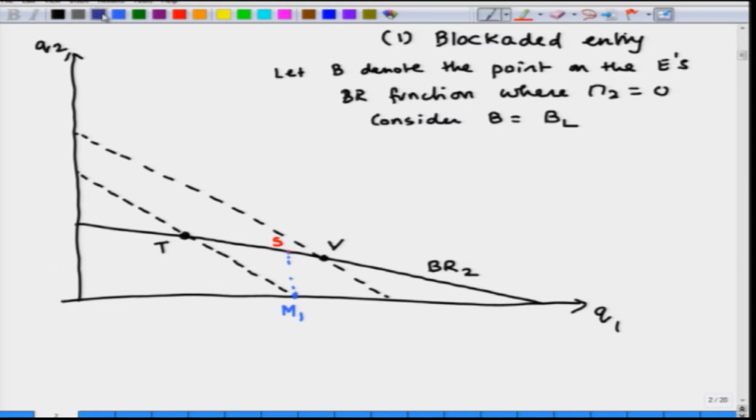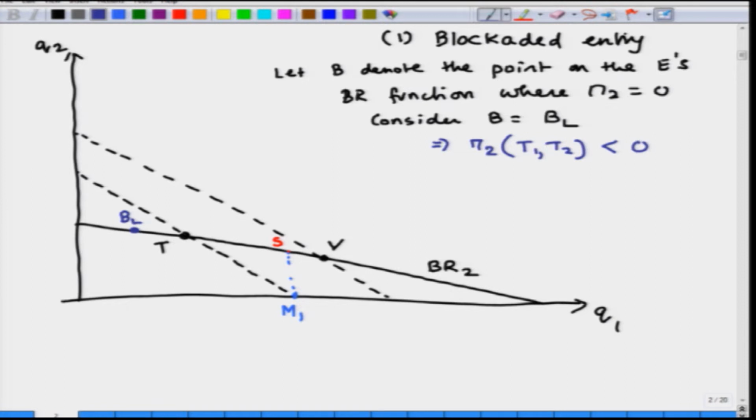This essentially means that the profit of the entrant at its most preferred Nash equilibrium output T is negative.